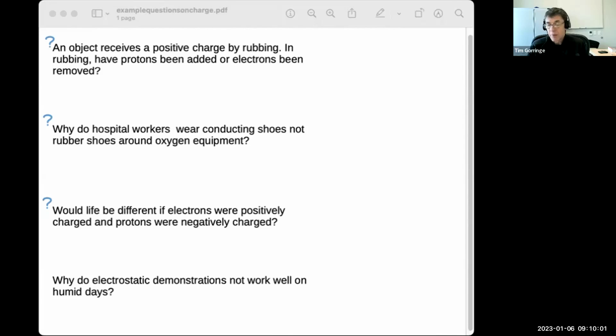And it means that a pair of electrons with like charges will repel one another. And a pair of protons having like charges will repel one another. And those facts are true. Those incidents of attraction of opposite charges and repulsion of like charges are true whether we call protons positive or negative, whether we call electrons negative or positive. So the important thing is that protons and electrons have opposite charges.